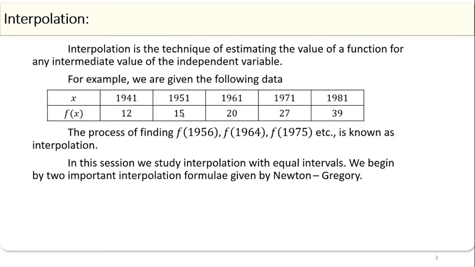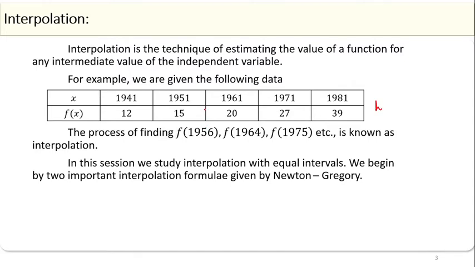In this session, we study interpolation with equal intervals. Here, in the table, observe that the values of x are equally spaced by the value 10. That is, if we add 10 to 1941, we get 1951, and 1951 plus 10 is 1961, 1961 plus 10 is 1971, and 1971 plus 10 is 1981. This equal value is called interval of difference or step length, and it is denoted by h.